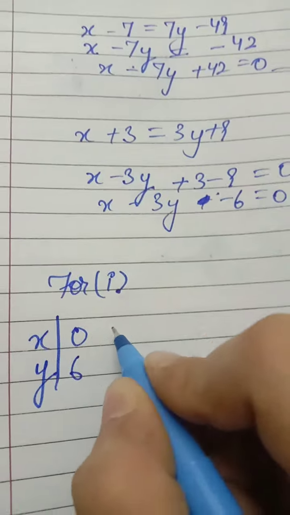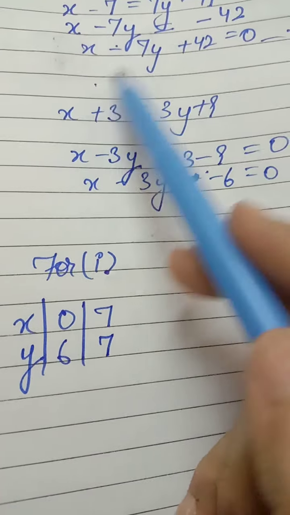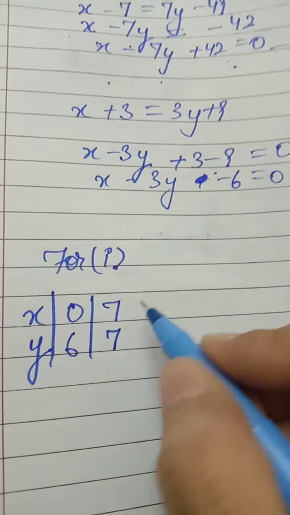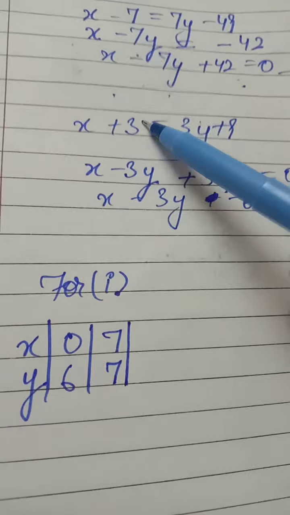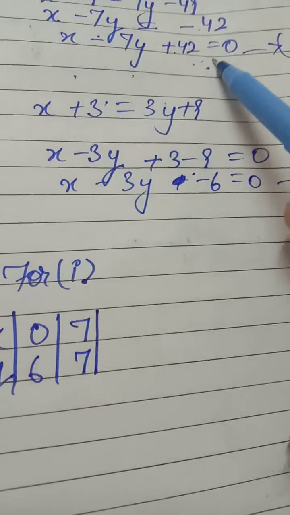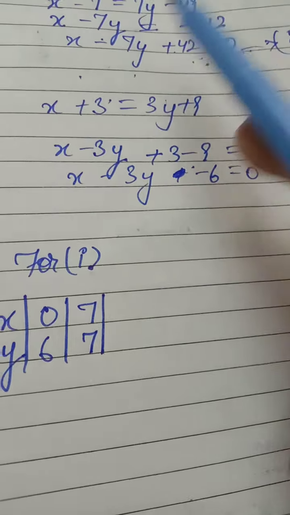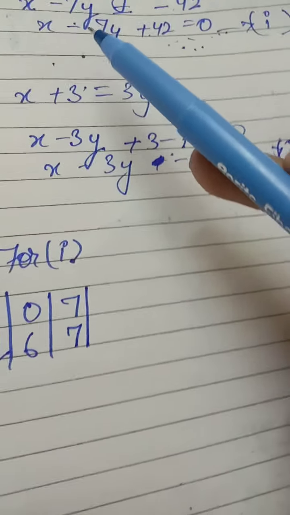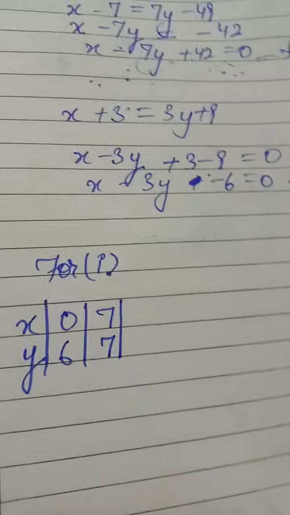Then we'll have 7 and 7. 7 plus 42 is 49. When 49 goes to the other side, we'll get minus 49, and minus 49 upon minus 7, since it's given minus 7, not positive 7, we'll get plus 7.